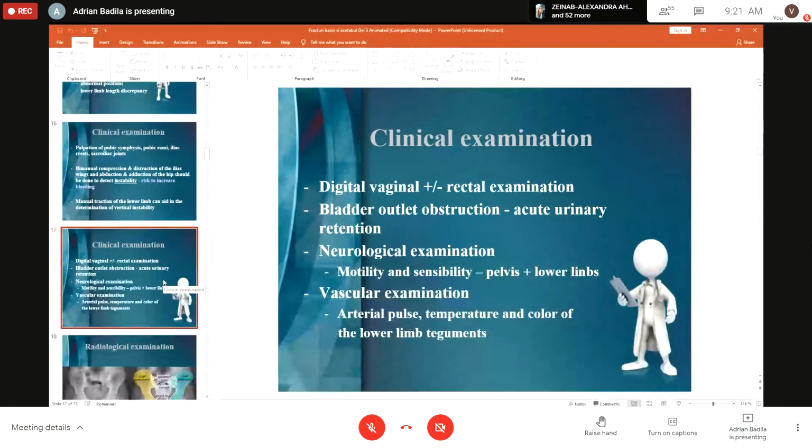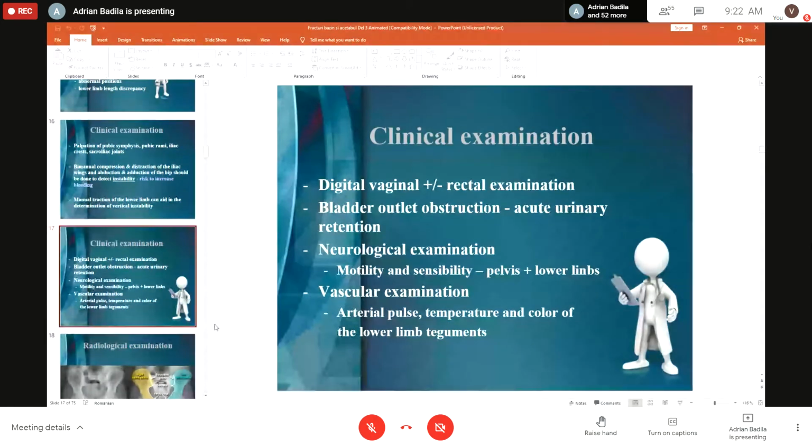The clinical examination also includes digital vaginal and rectal examination. If we have a lesion at the level of the urethra, we can have a bladder outlet obstruction. And in any clinical examination, we must also assess the motility and sensibility at the level of the pelvis and lower limbs.